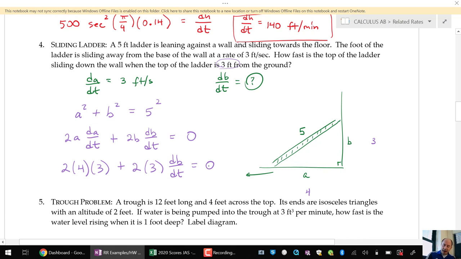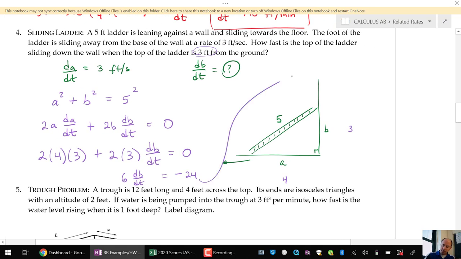So this looks like I'll have a 24. Actually, let's subtract 24. So 6 times dB dt equals negative 24. Final answer for dB dt is equal to, divided by 6, negative 4. What are the units?